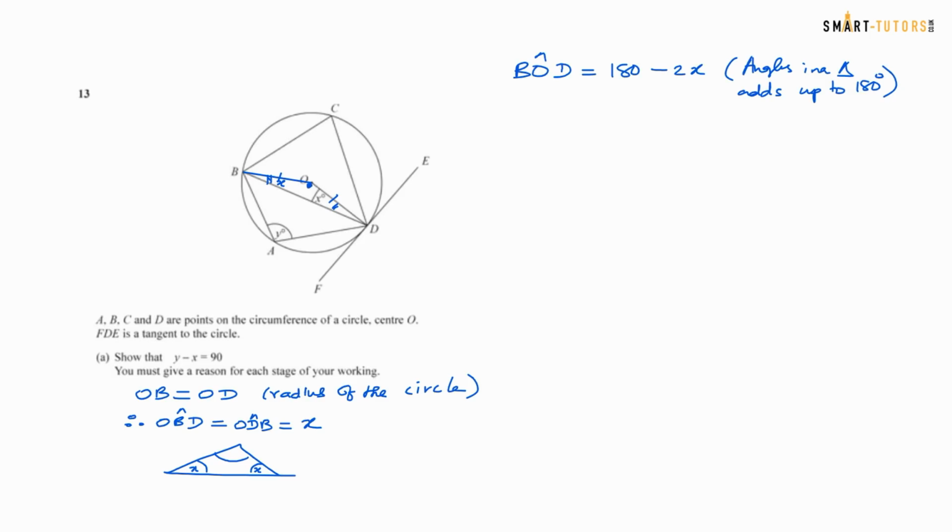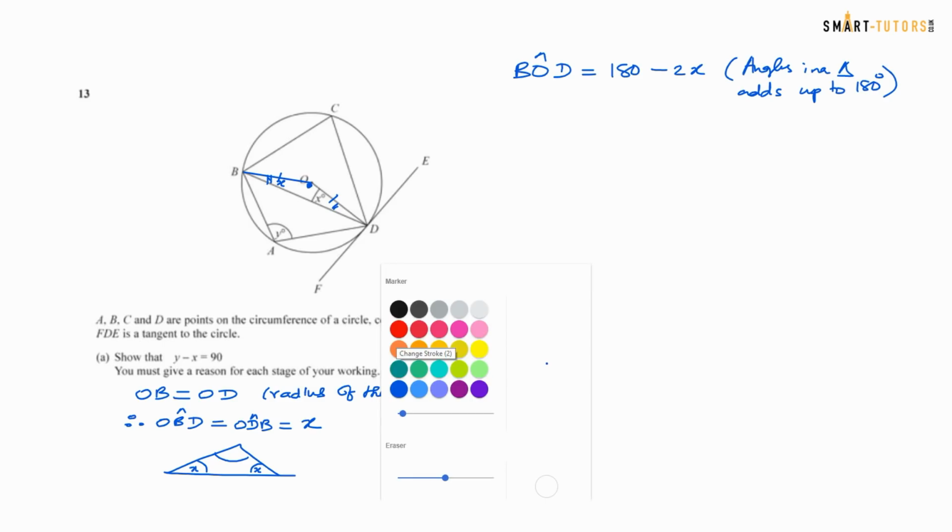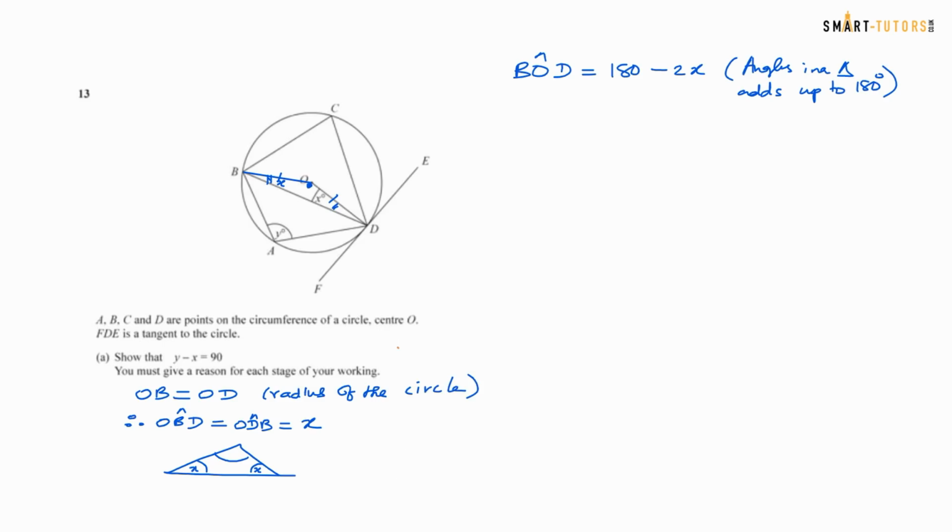BOD, we already found out this one. Let me use a different color, an orange color. Don't want to use the red color. So the BOD is a center angle, and you may have studied this one. This is a circumference angle, and there's a theorem connecting them: the center angle is double the circumference angle.